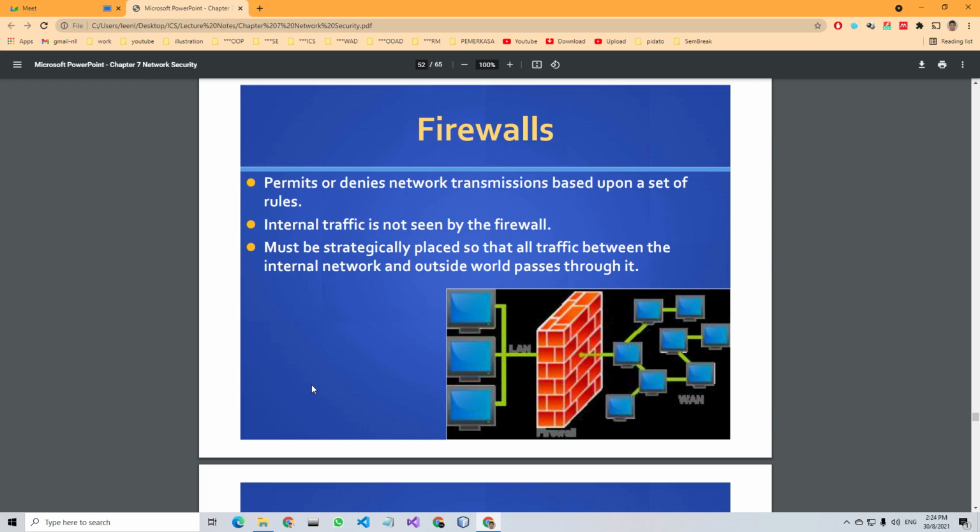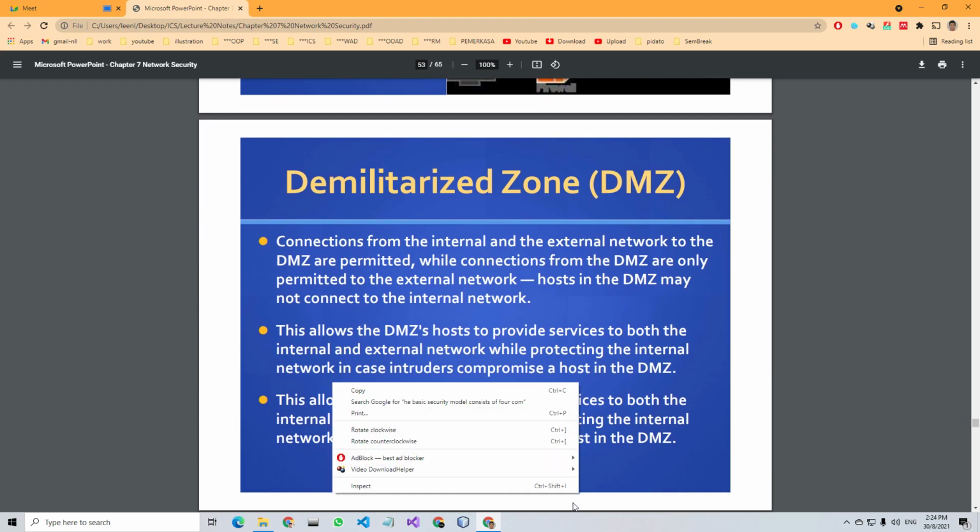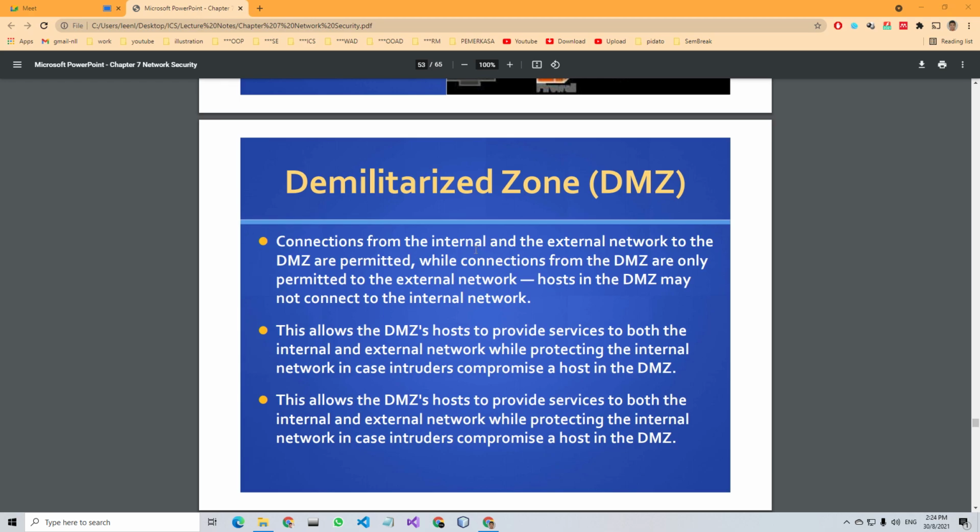This firewall hardware not only blocks unauthorized access, but can also help to block malicious software. A more secure approach in firewalls is creating a DMZ, demilitarized zone. This is so hard to pronounce.